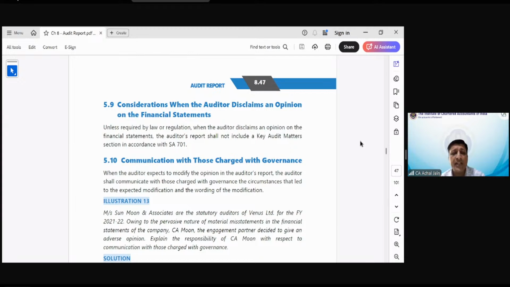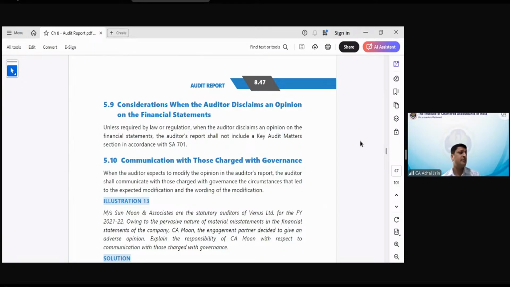And the financial year is 21-22. Owing to the pervasive nature of material misstatements in the financial statements, engagement partner decided to give an adverse opinion. Explain the responsibility of this engagement partner with respect to communication with those charged with governance.